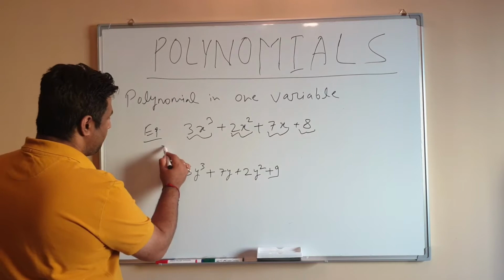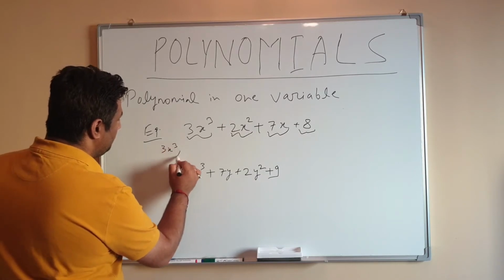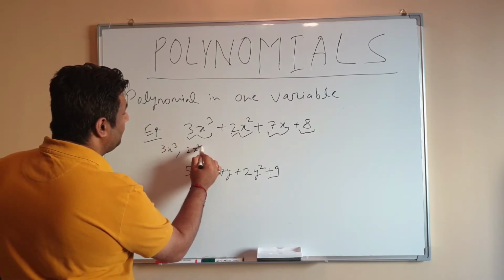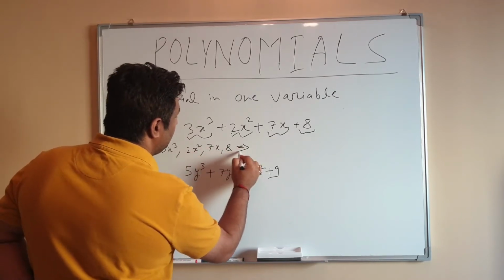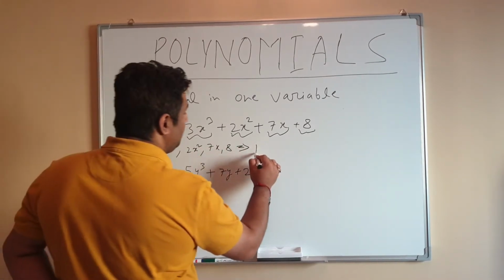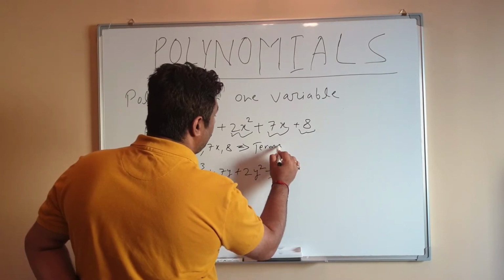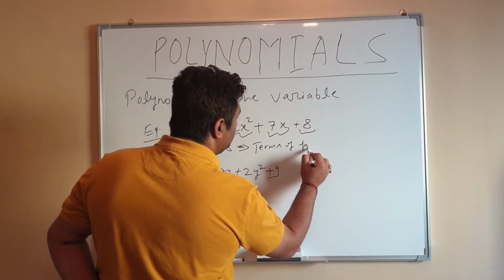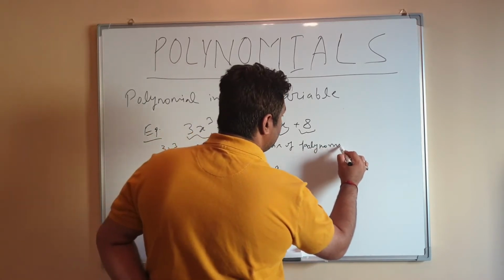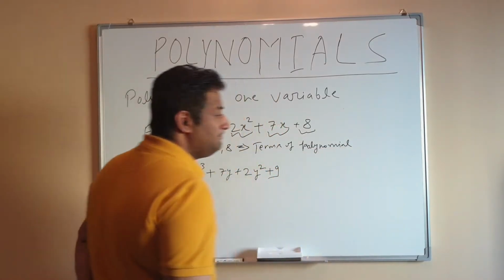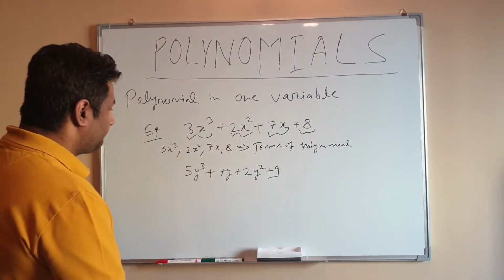So 3x cube, 2x square, 7x, 8, all these are terms of the polynomial.